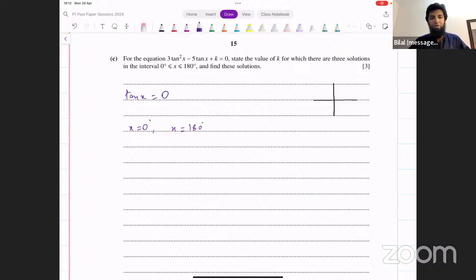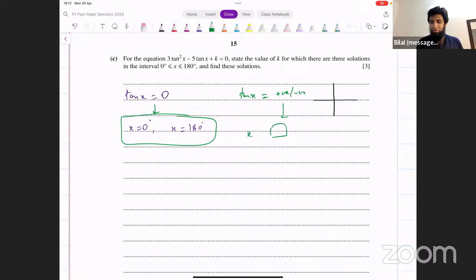So if one of the possible answers from this equation is tan x equal to 0, you would end up getting two answers from that, and then from whatever the other value of x is, either that's positive or negative, you'll get one more solution, and in total you would end up getting three solutions. So three solutions are only possible if one possible value of tan turns out to be equal to 0. That's the only case when you can get three solutions in total from here.